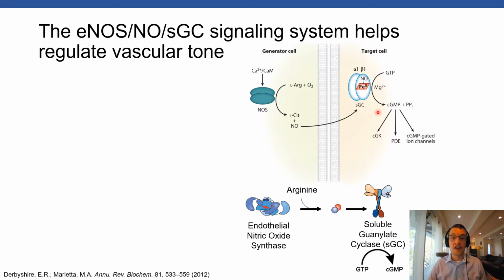This increases the concentration of cyclic GMP in the cell, which in turn regulates cyclic GMP-dependent kinases, phosphodiesterase, and cyclic GMP-gated ion channels. Because SGC is the first enzyme within the target cell, we really need to understand how the biochemistry, or how the activation of this protein, occurs.